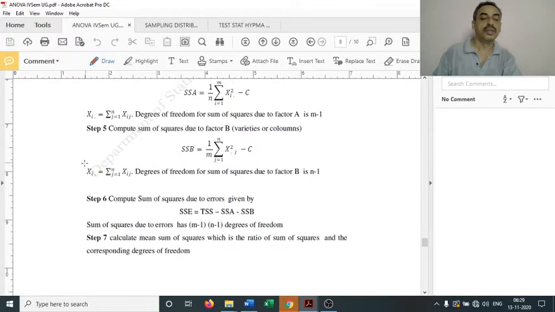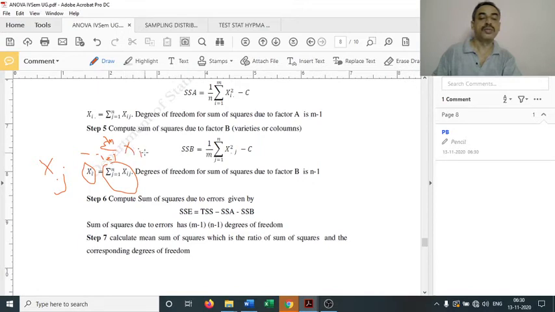So this is to be considered as x dot j, and x dot j is the sum over i equal to 1 to m of xij. So the first case is xi dot, that is the sum over j equal to 1 to n of xij. Second is x dot j, that is the sum over i equal to 1 to m of xij.